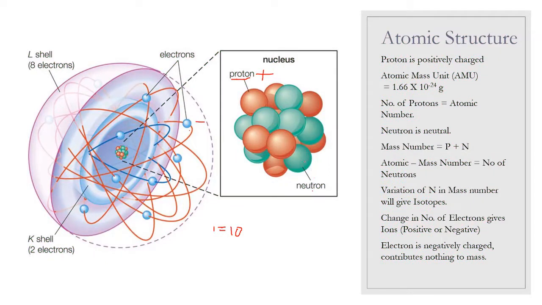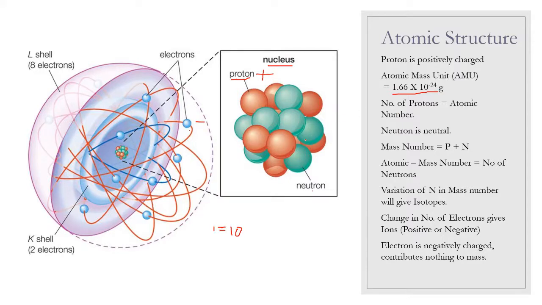Only the protons and neutrons contribute to the weight of the atomic structure. Here the atomic mass unit is 1.66 times 10 to the power of minus 24 grams. So this is one atomic mass unit. The proton number, how many protons are there?